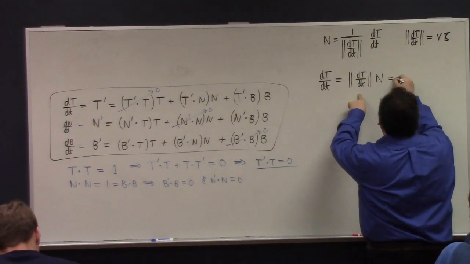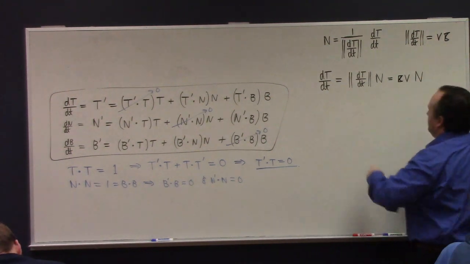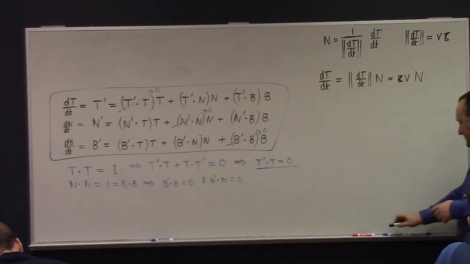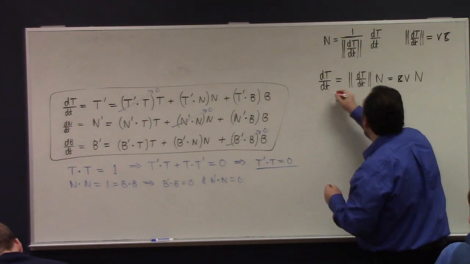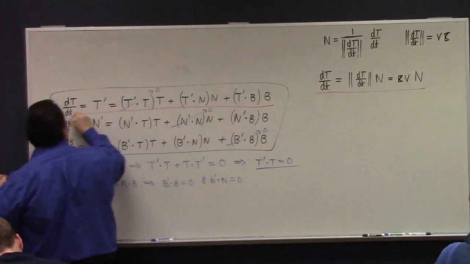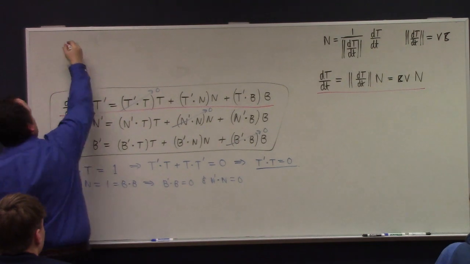This is the curvature times v times N, right? So I think we're done with the first equation, because that is the first equation. See that? This is this. So I'll record our success up here.